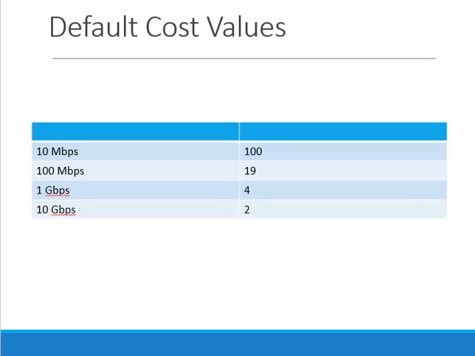Some of the default costs: we have path cost based upon the original 16-bit standard, also called short, and most platforms will default to the short spanning tree path cost method. There was 802.1t that defined a path cost in the range of 1 to 200 million or so, but it's 32-bit.